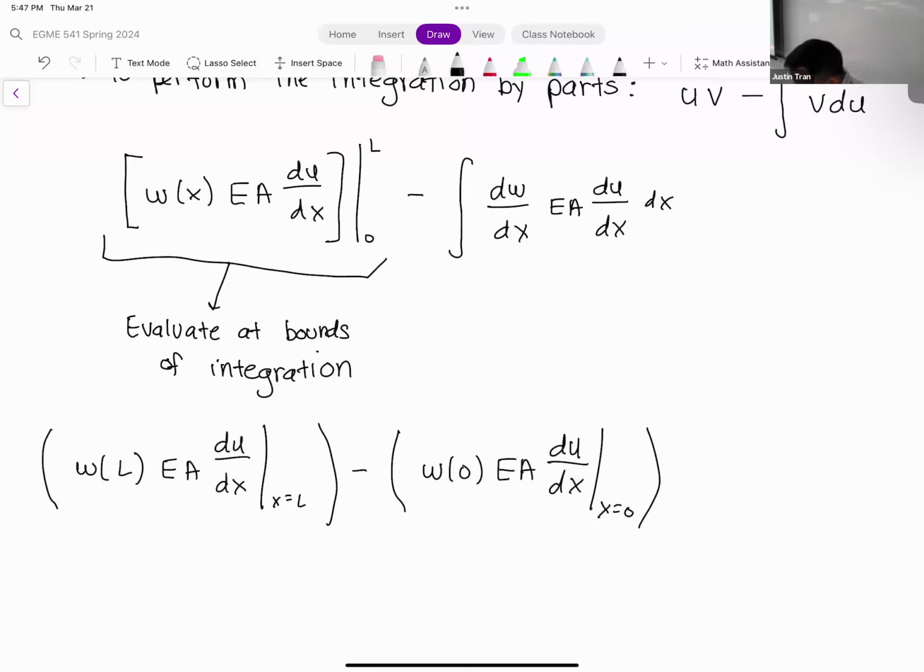And then we have minus the integral from 0 to L of dw/dx times EA du/dx, dx.